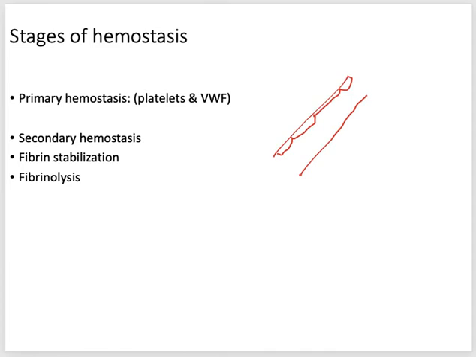Sorry for the bad drawing, guys, very bad drawing. For example, this is a capillary and this is our skin. If there is a cut over here like this, of course the bleeding will start going out, right?